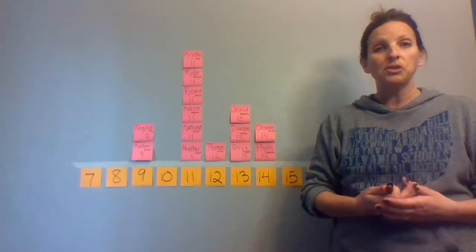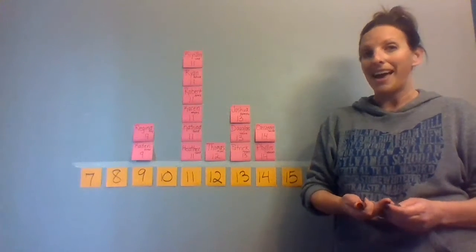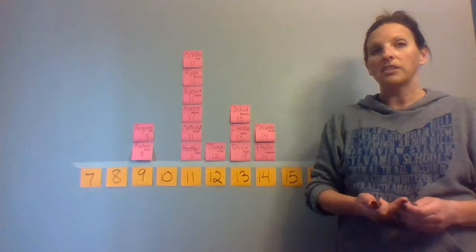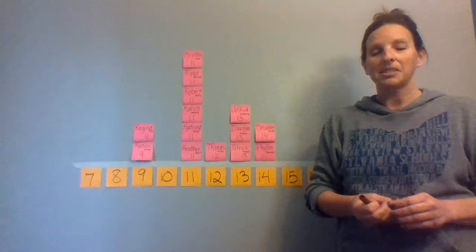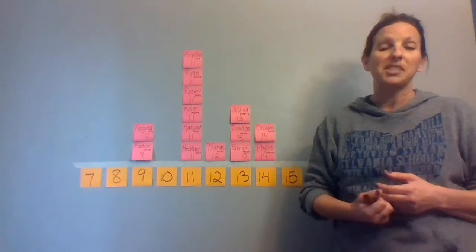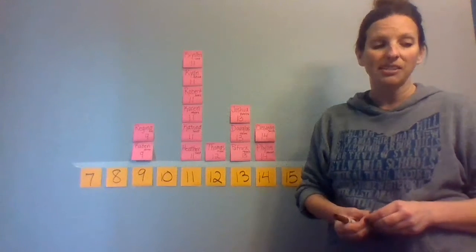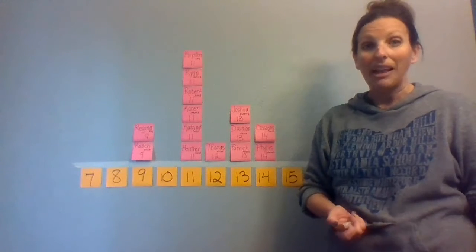And it's usually expressed with X's or other symbols such as a dot. And sometimes if it is expressed with a dot, it can also be called a dot plot.